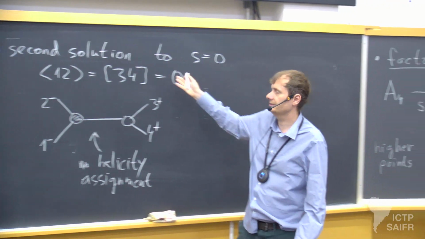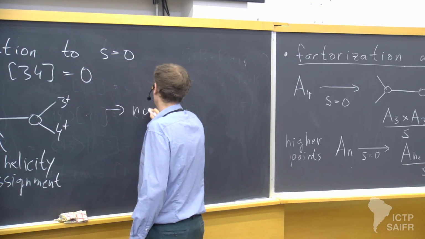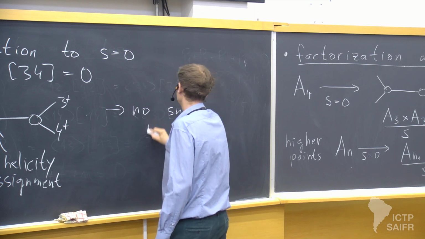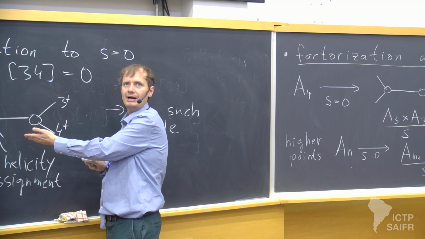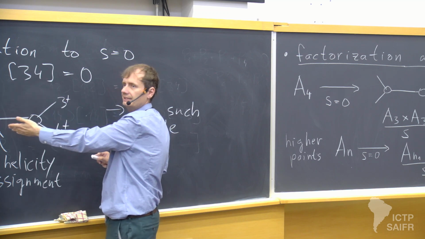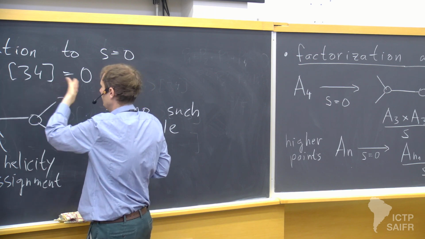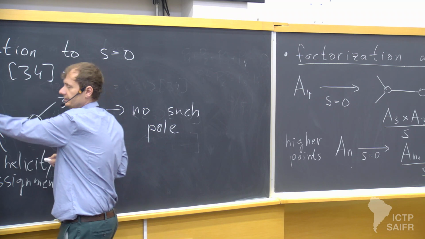Which just means that the amplitude doesn't have this pole. Yeah? No such pole. Because we cannot construct this picture from that. But this picture was given to us. Yeah, it had to factorize like that on the pole, but the kinematics was in conflict with the helicity assignments.